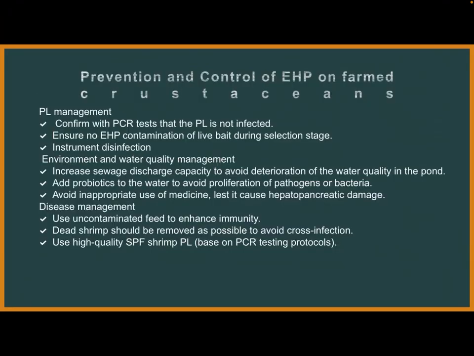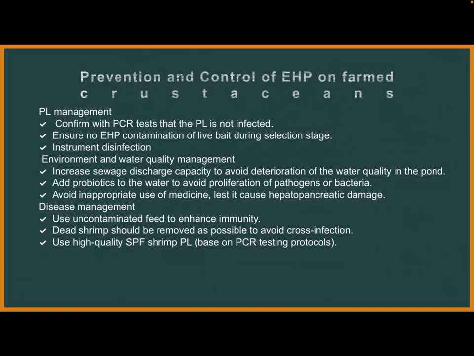Prevention and control of EHP on farmed crustaceans. PL management: first, you need to confirm with a PCR test that the PL is not infected. Ensure no EHP contamination of live bait during the selection stage. Instrument disinfection means before using equipment, you need to disinfect it.